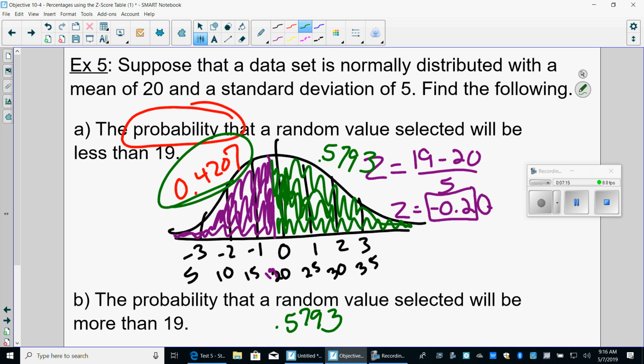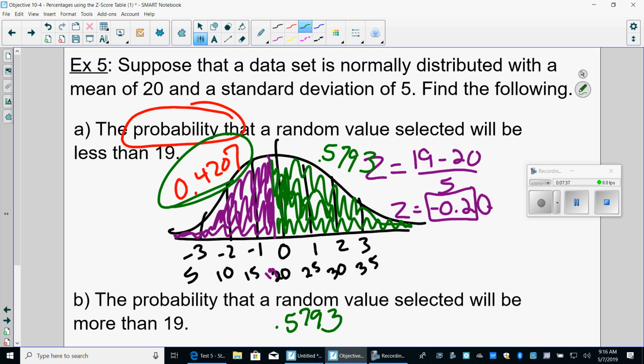I did do 1 minus 0.4207. Oh, it really does. And it really does give you 0.5793. Because it's 1 whole. Because this is 0.42. Okay? Now, listen. If it makes more sense to you, some people struggle with decimals.